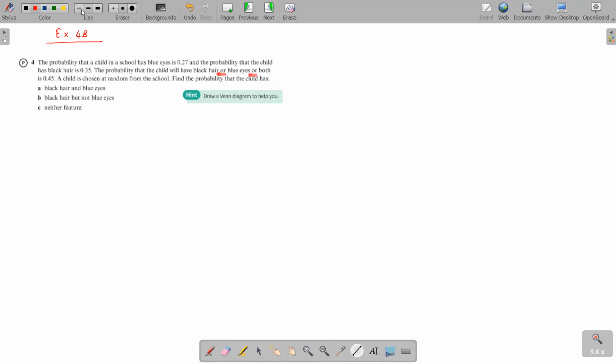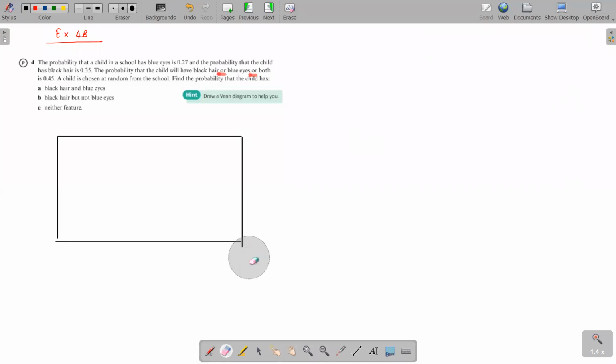Okay, so let's draw a Venn diagram. So in your Venn diagram, what are the sets? I think you can see it there. We are going to describe two types of sets here. They are describing two features here: blue eyes and black hair.